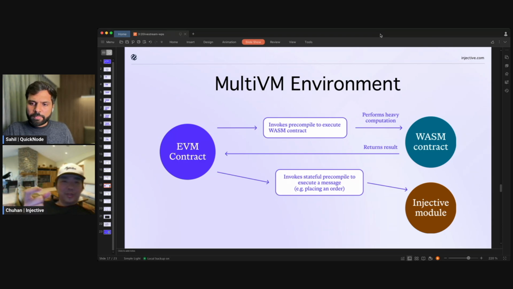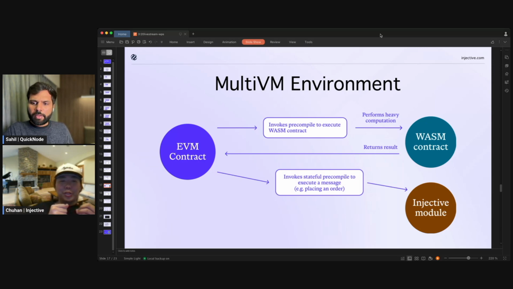When your contract is processed in the Injective EVM module, it will be decoded as opcodes. At this level, developers will not know. Only the virtual machine itself knows.